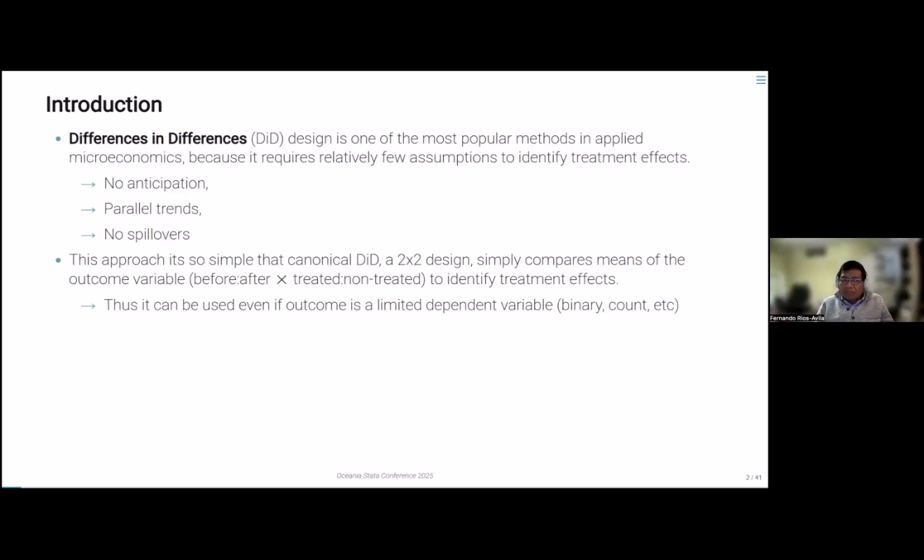What is interesting about difference in differences, especially with linear models, is that OLS can tackle any kind of data. You can use the methodology to analyze treatment effects for almost any kind of dependent variable, even limited dependent variables. So you could technically do it for binary variables, count data, etc., under certain assumptions, of course.